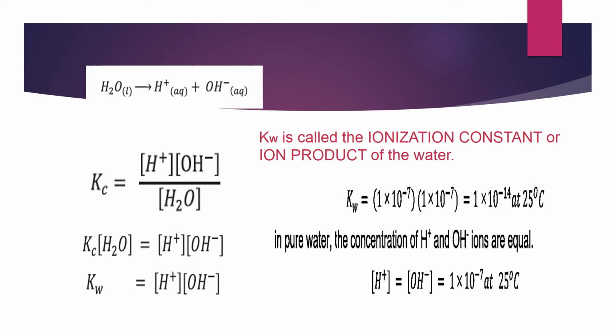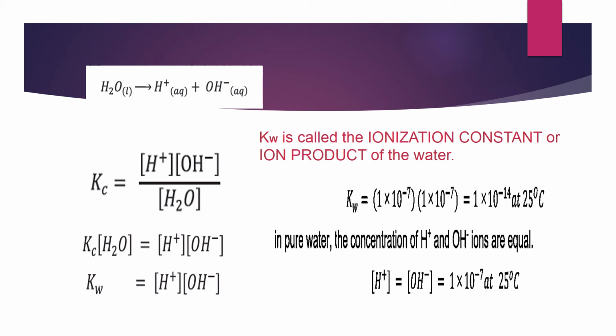It means at standard conditions of temperature and pressure, the concentration of hydrogen ion is equal to the concentration of hydroxide ion, which is 1 into 10 raised to the power minus 7 at 25 degrees centigrade.